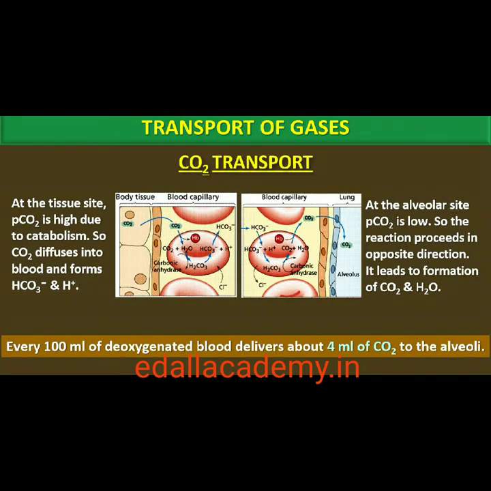At the alveolar site where pCO2 is low, the reaction proceeds in the opposite direction, leading to the formation of CO2 and H2O. Thus, CO2 trapped as bicarbonate at the tissue level and transported to the alveoli is released out as CO2. Every 100 milliliters of deoxygenated blood delivers approximately 4 milliliters of CO2 to the alveoli.